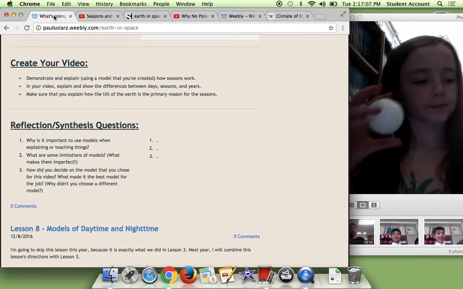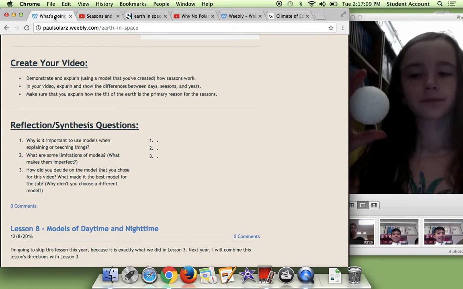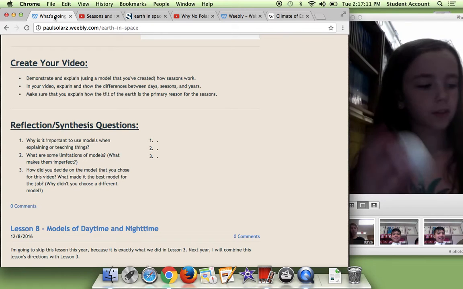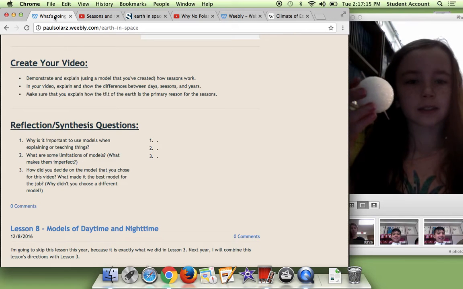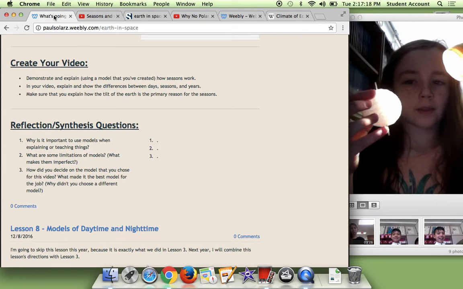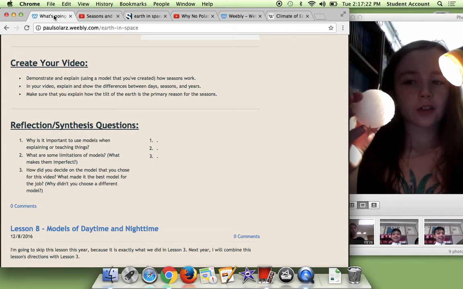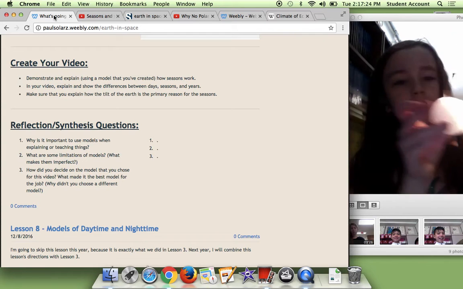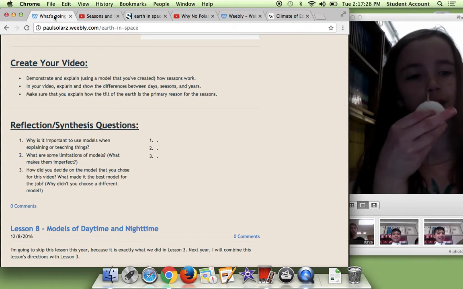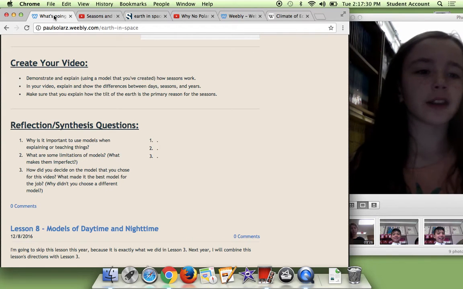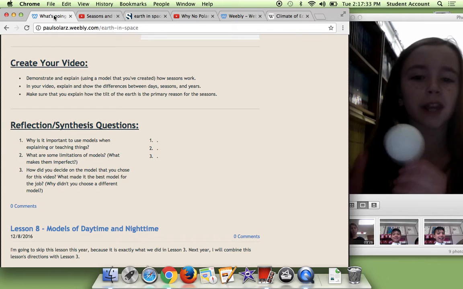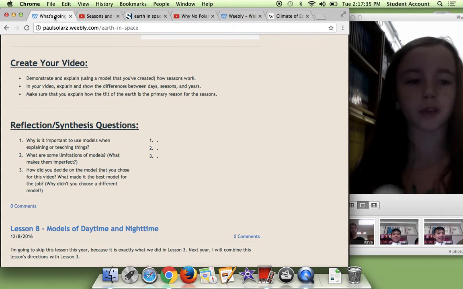Days is when the Earth is turning like this. So earlier, it was day right here, but then it turned and it's like that. That makes it daytime. And when it rotates, it's called rotation, not revolution.